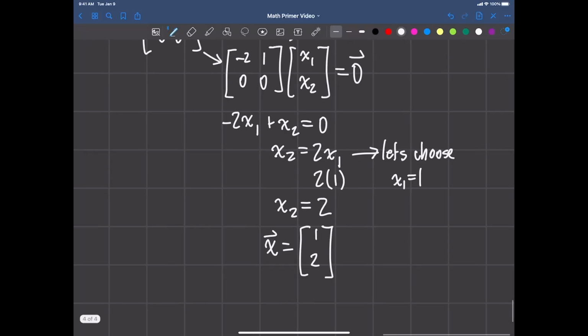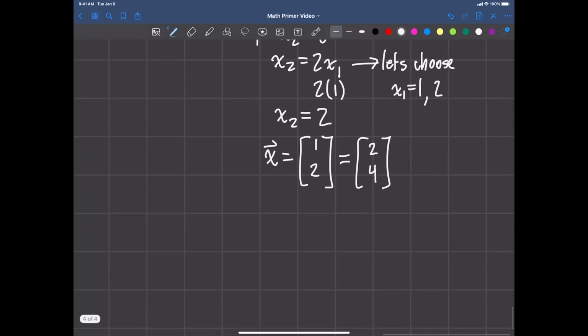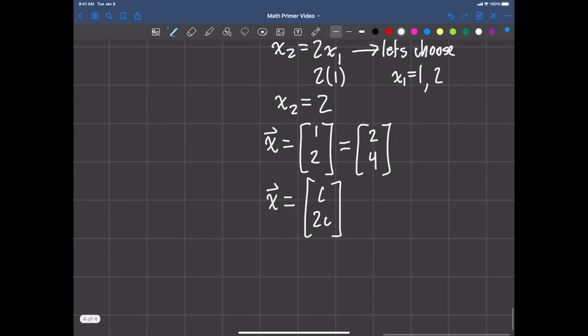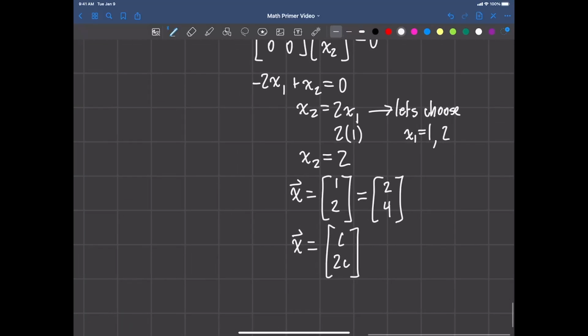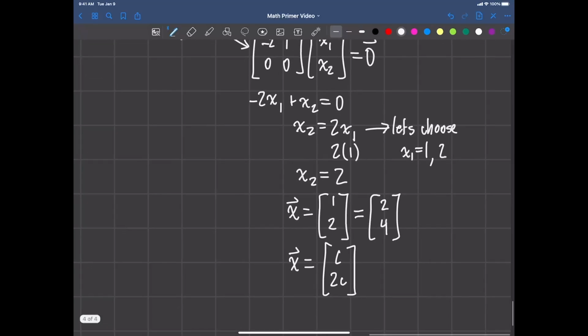Now let's say we chose 2 here instead, then we would get 2, 4, or 3, 6. So what this means is that any multiple of this vector also works. So the eigenvector can be c and 2c, where c is any constant value. So can you solve for the eigenvector for the eigenvalue negative 1?